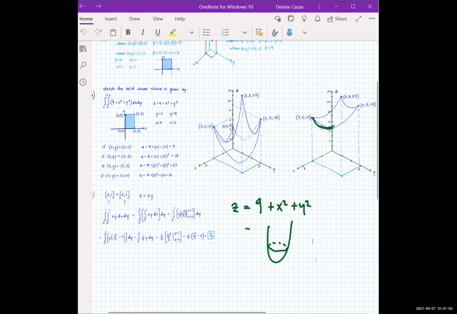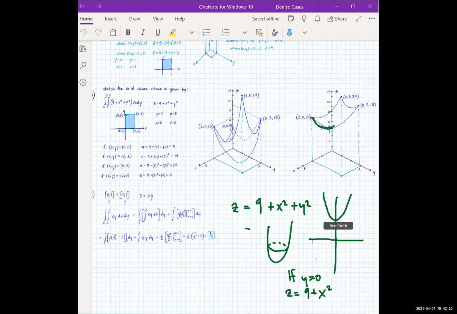Here's another tip for figuring out drawings: you can do drawings by cross sections. Pick a value for, let's say, y and see what x looks like. If y is 0, then z is 9 plus x squared.